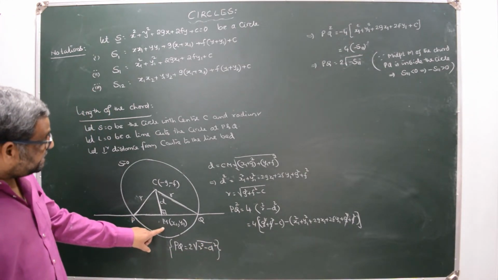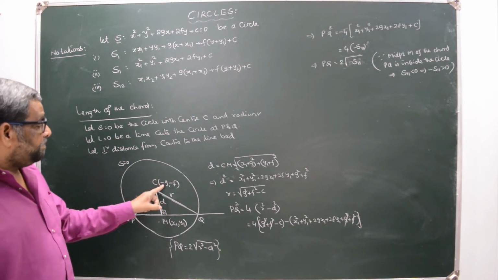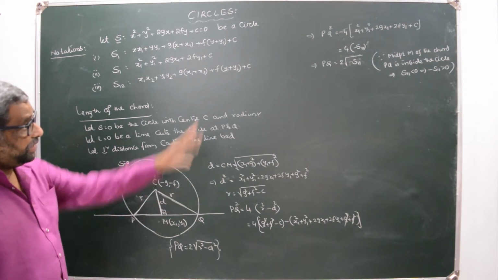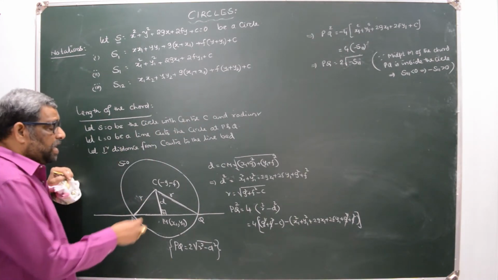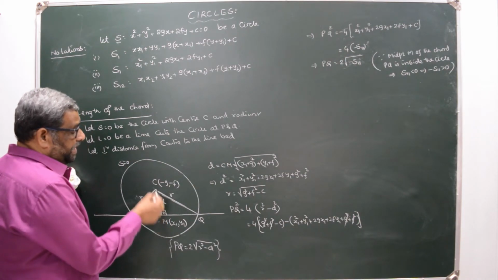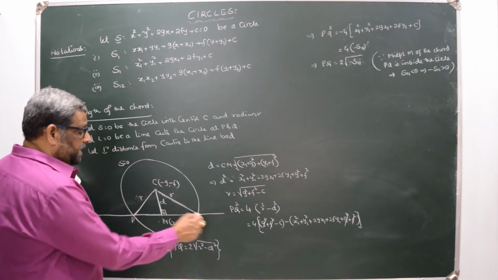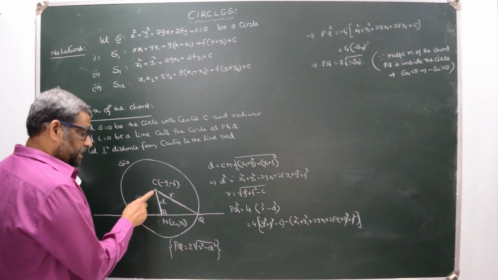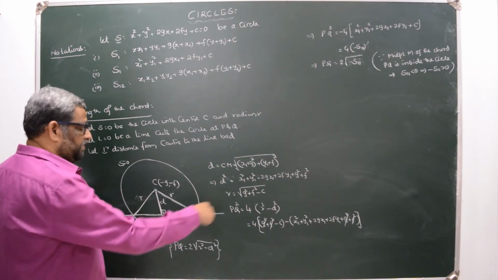If the midpoint is given but the equation is not given, then you can simply apply the formula. Of course, without applying that formula also you can calculate, because by knowing the points M and C, you can find the slope. This line being perpendicular to CM, you can get its slope, and with the help of the point you can get the equation of the line also.